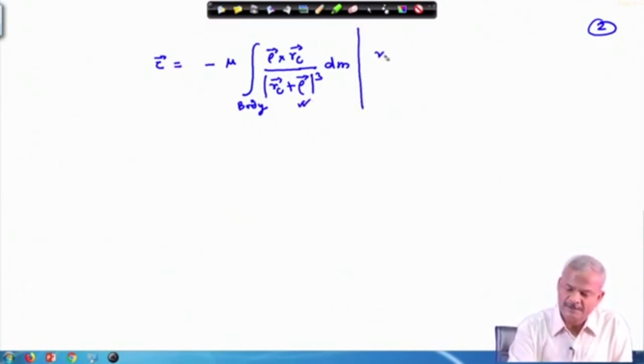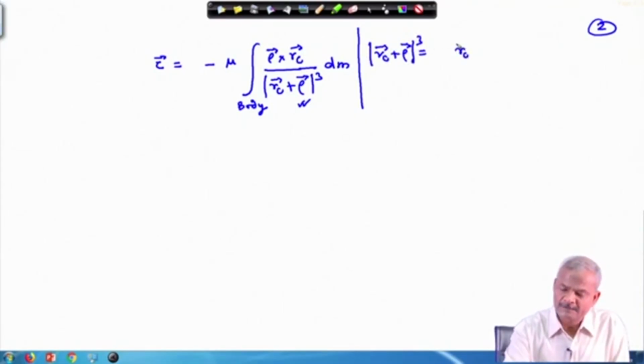As we can see, this R c plus rho whole cube can be written as, this is R c magnitude, so this is R c plus rho dot R c plus rho to the power 3 by 2.